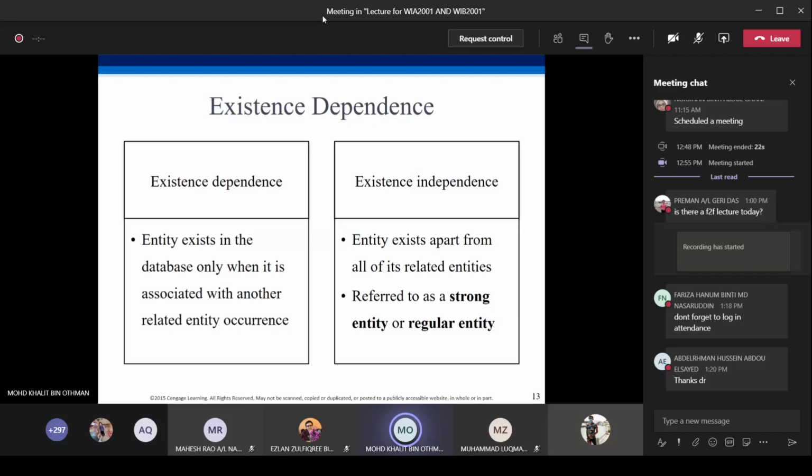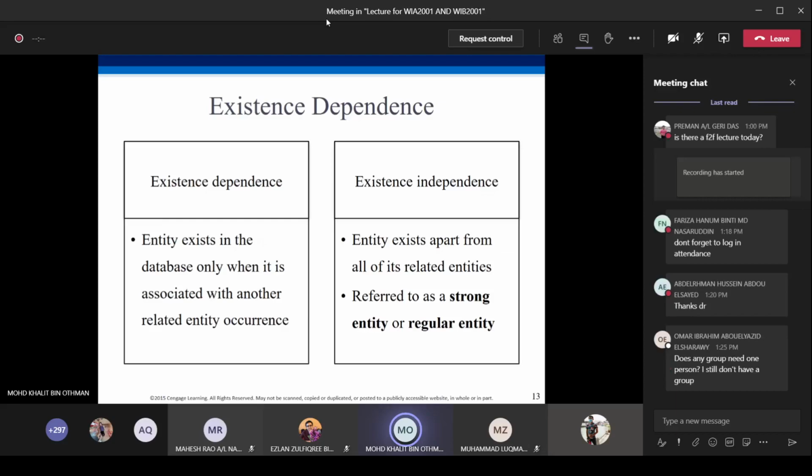Then for existence independence, if an entity can exist apart from one or more related entities, it is said to be existence-independent. Usually, an existence-independent entity is referred to as a strong entity or regular entity. We will look in detail at examples of existence dependence and existence independence in the next slide.